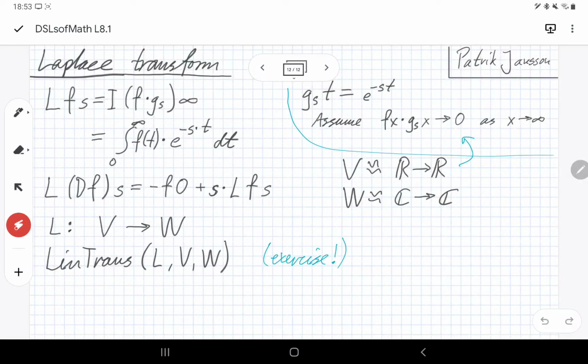What we haven't shown here, but which is a good exercise, is to show that L is a linear transformation from V to W. Meaning that it preserves the zero of V and goes to the zero in W. It preserves addition to the addition in W, and it preserves scaling in V. It becomes scaling in W. That's a good exercise in just the properties of integrals. And the key here is that the integral itself is linear.